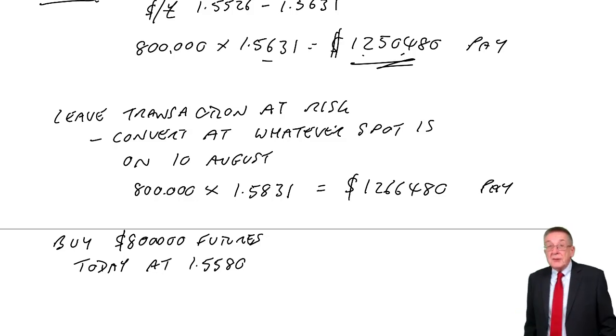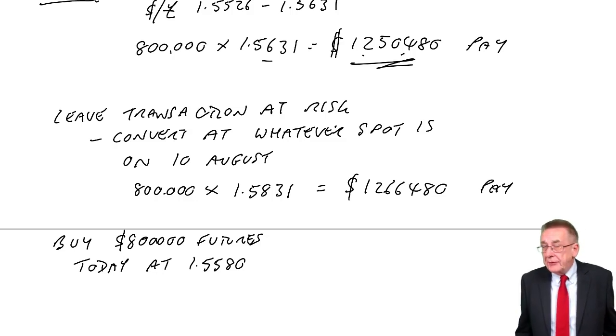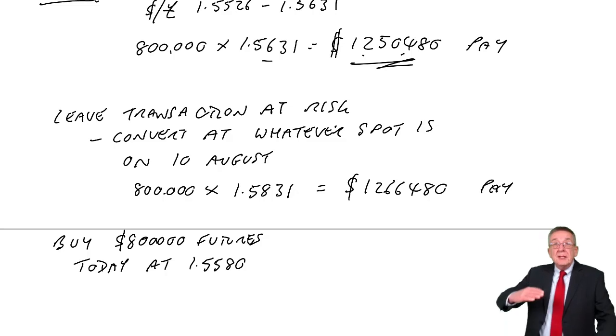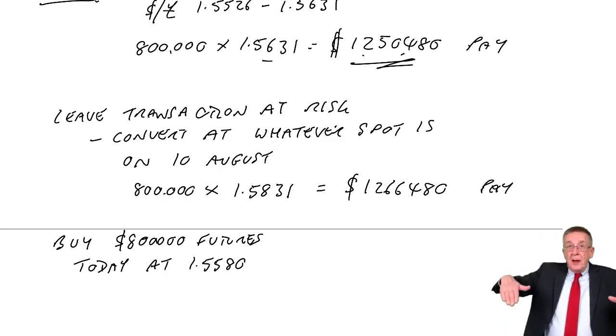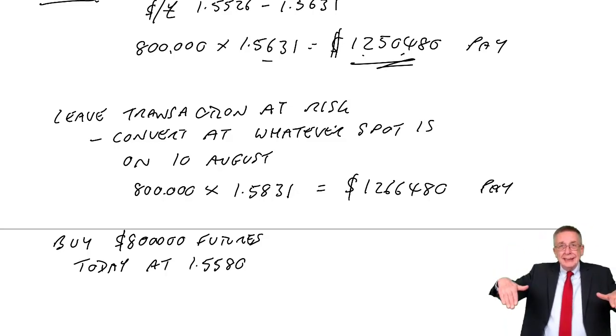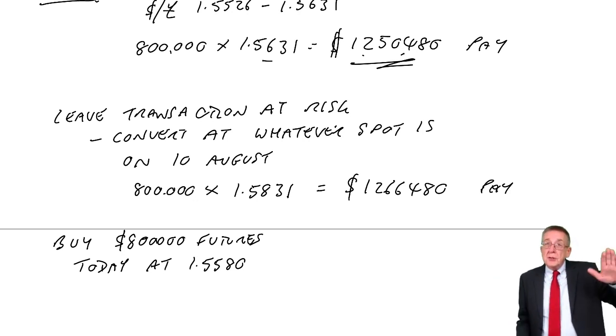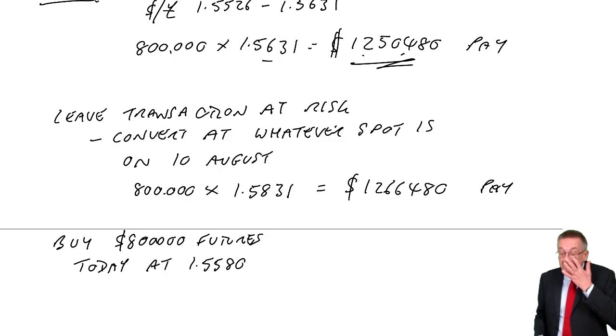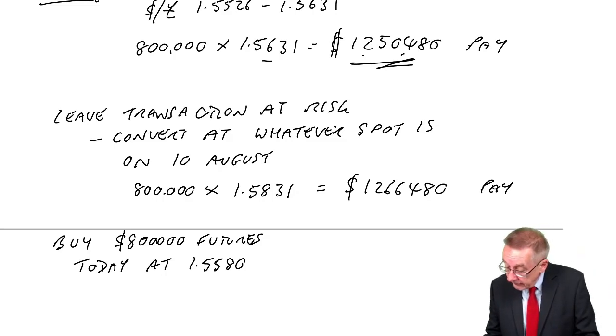However, we buy those futures today, and remember, we don't have to pay for anything. We just have to give a deposit. But from then on, day by day, as the spot rate goes up and down, so too will the futures quotes go up and down. And so we ring the dealer and say buy.